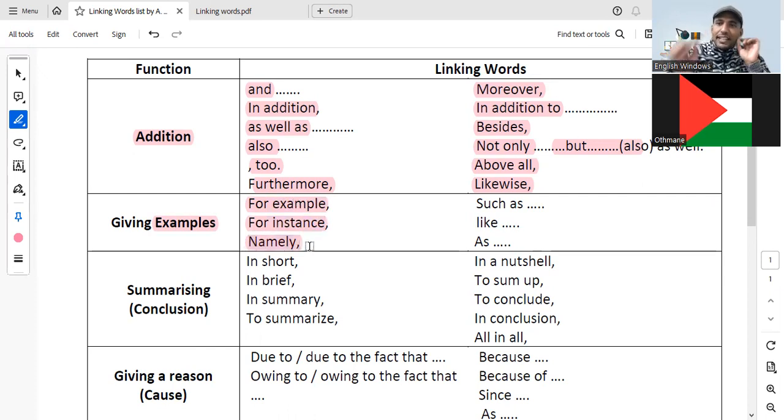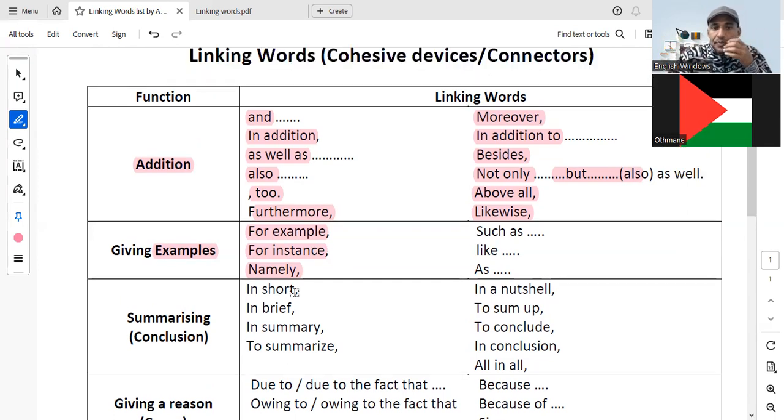Namely, يعني بالاسم وتعطي أمثلة, right? Colors, right? Namely, blue, green, and yellow are very important for children to be exposed to, right? Okay, or are so admired by children, for instance, great.